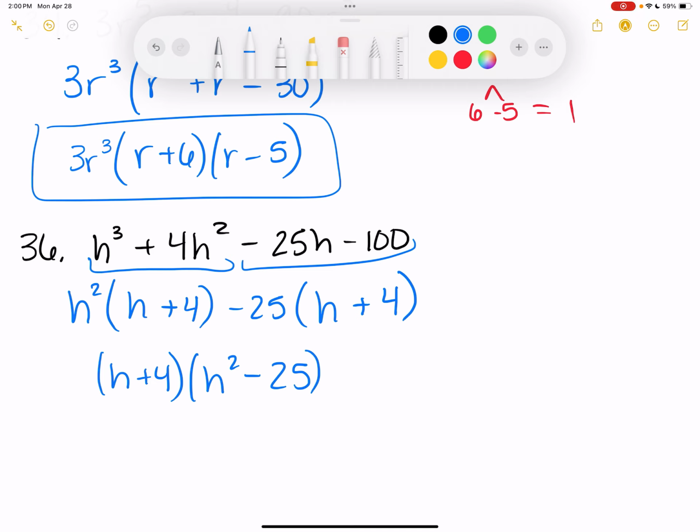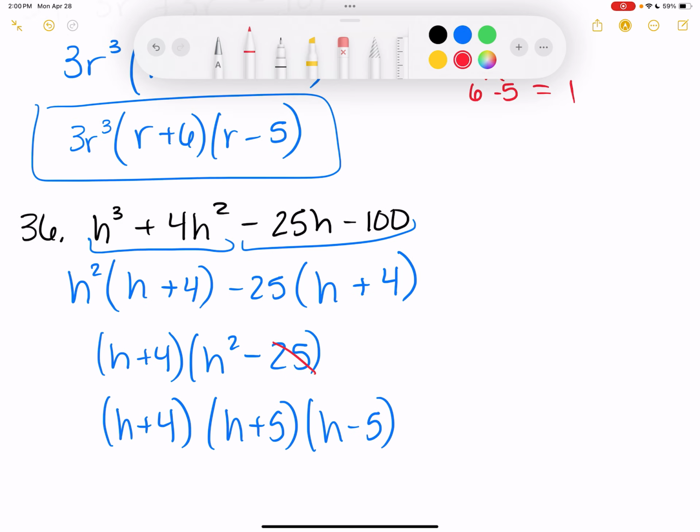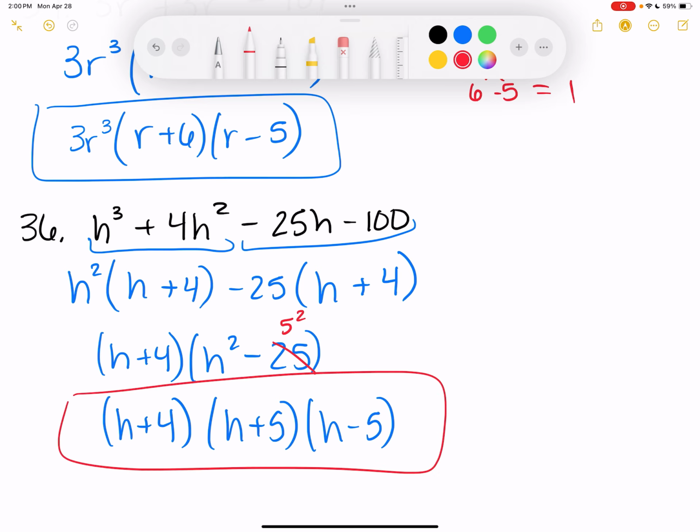H plus 5 and h minus 5. So, h plus 4 times h plus 5 and h minus 5. This was really h squared, and this is really 5 squared. So, it's h and 5 in both, and one's positive, one's negative. So, this is my answer.